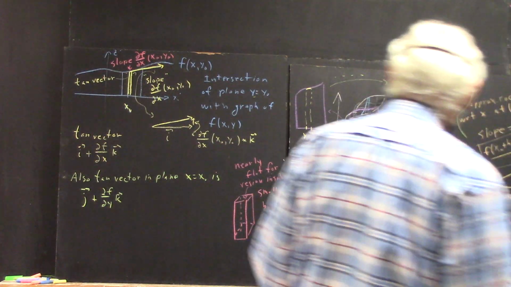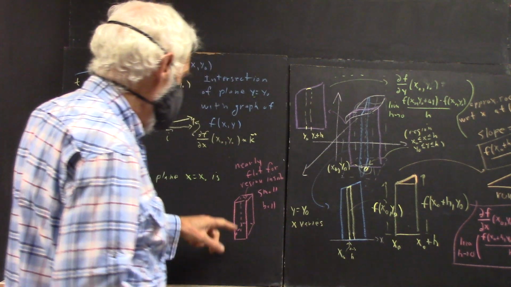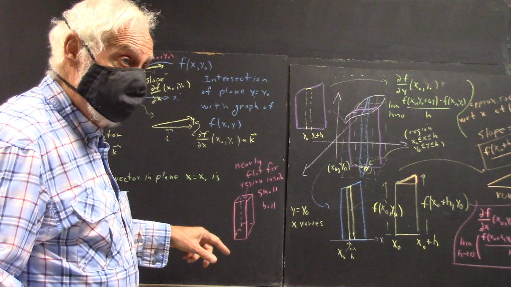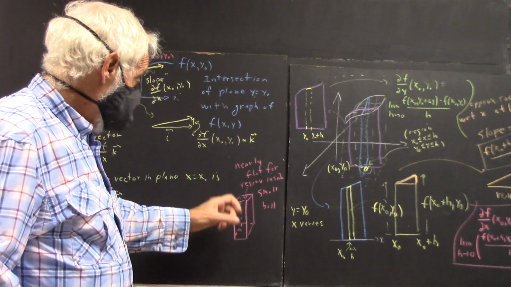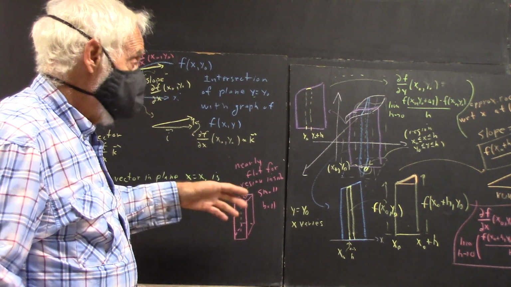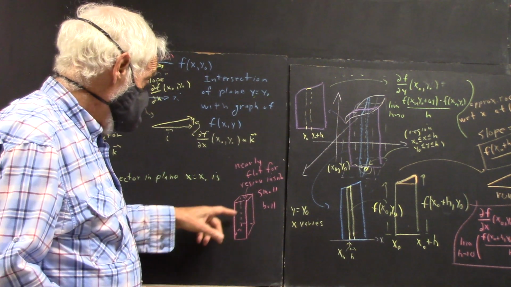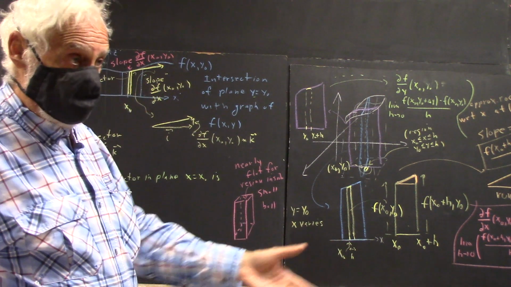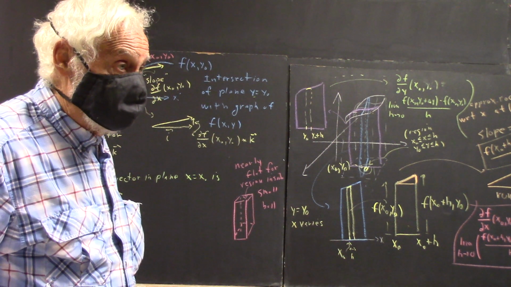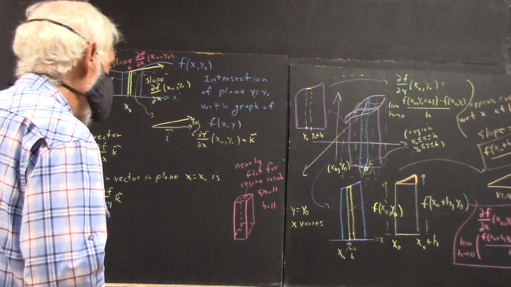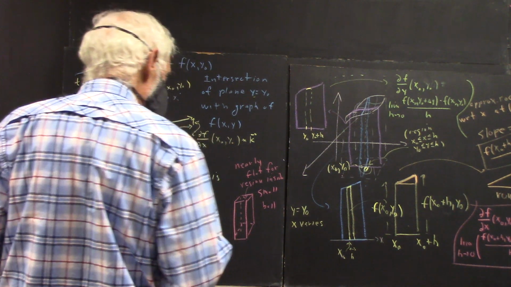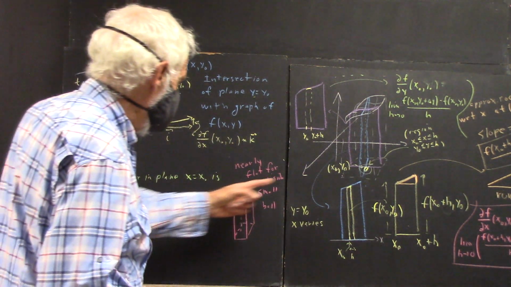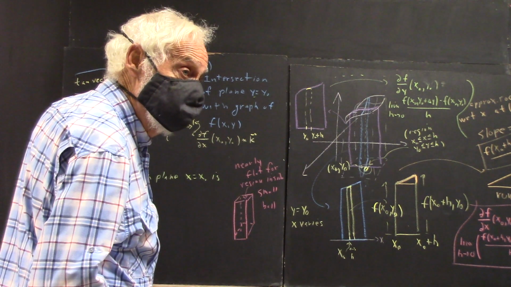Okay, as this ball shrinks, then any region inside the ball is going to shrink down. The biggest region you put inside the ball is going to keep shrinking, and this top is going to get flat if you have a continuously differentiable function. And normal is just this vector crossed with this vector.